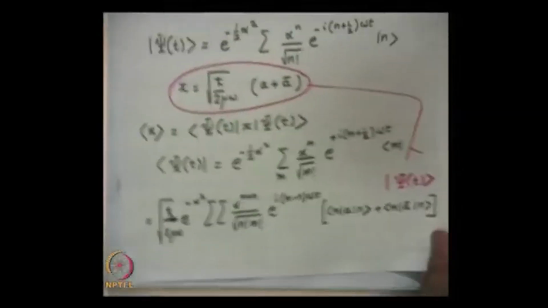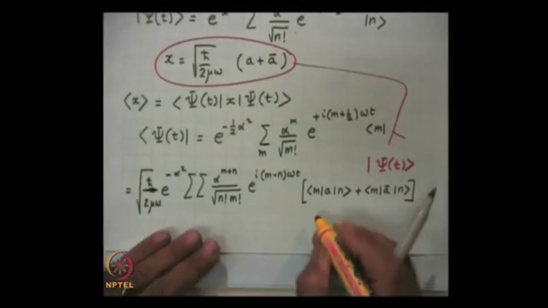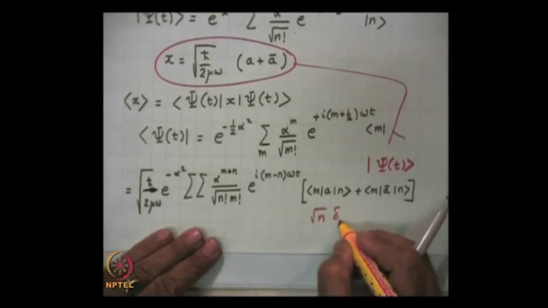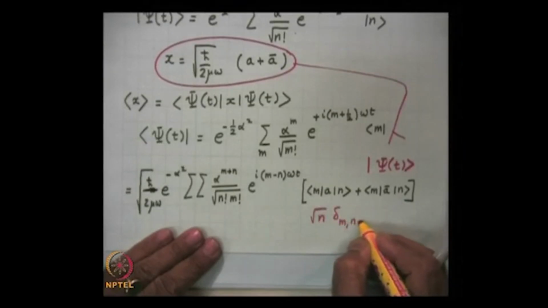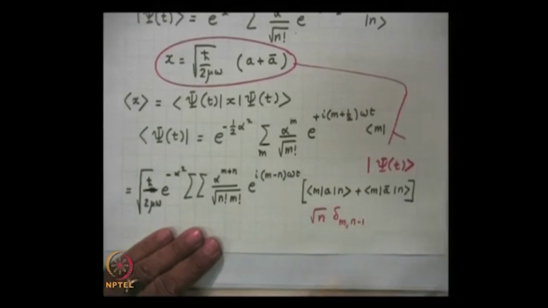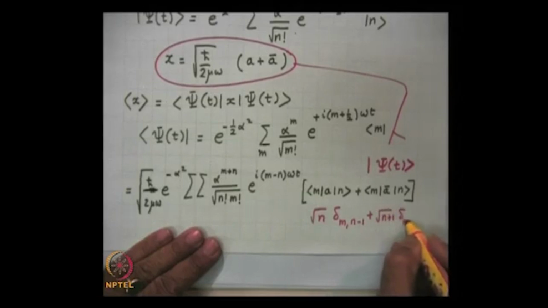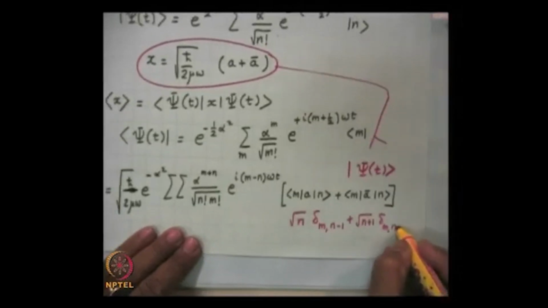So I will have square root of n delta of m comma n minus 1, and this term will be plus square root of n plus 1 delta of m comma n plus 1.